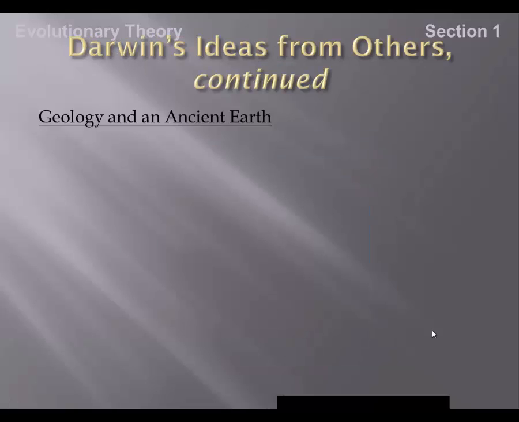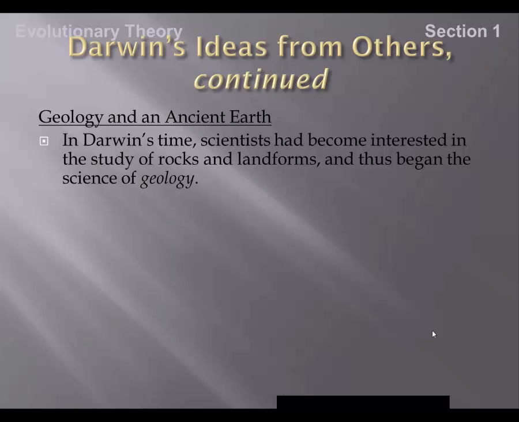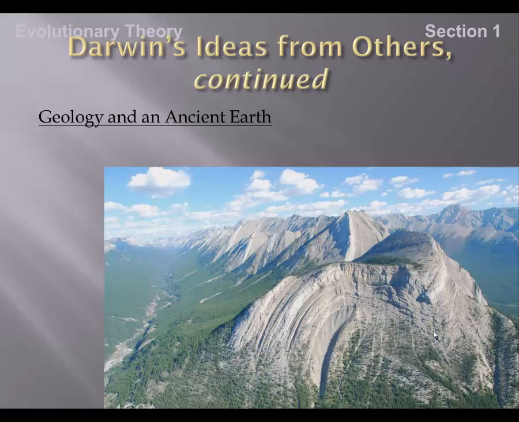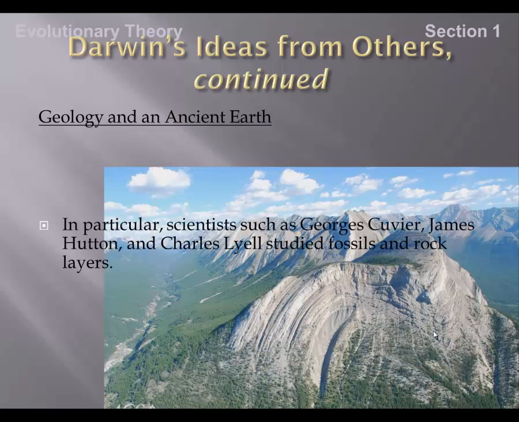Darwin also took geology and studied the ancient Earth in order to develop his hypothesis, which turned into his theory. So in Darwin's time, scientists had become interested in the study of rocks and landforms, and so began the study of geology. Scientists such as George Cuvier and James Hutton, along with Charles Lyell, all of them studied fossils and rock layers.